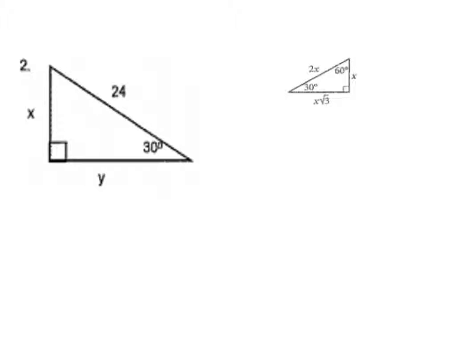Alright, example 2. The hypotenuse is given to us here. The hypotenuse is 24. In the formula, the hypotenuse is 2 times x, which is the short leg.